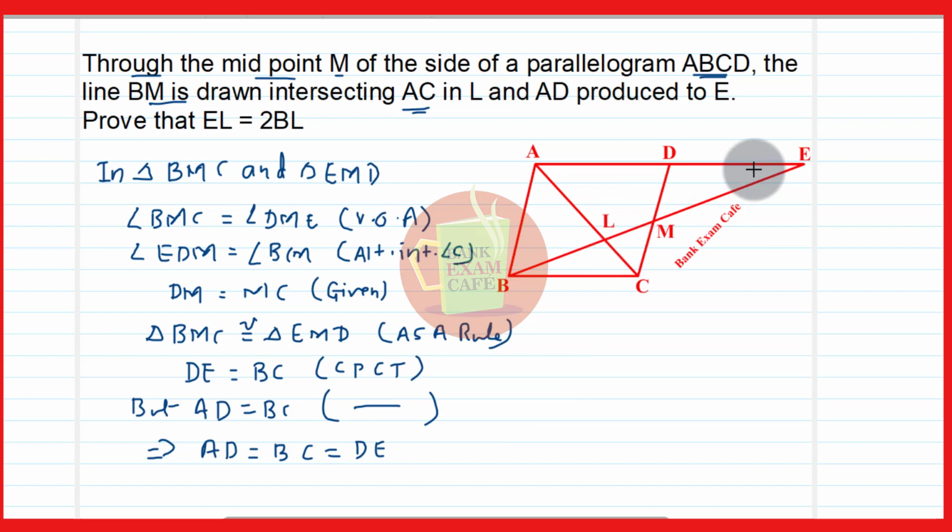Because AE is parallel to BC, and BE will be the transversal, and therefore this angle and this angle will be the alternate interior angles, and these two alternate interior angles will be equal, and also this angle and this angle will be the vertically opposite angles. So these two will be equal, and therefore by AA criteria these two triangles are similar triangles.